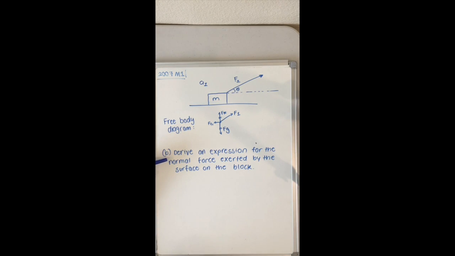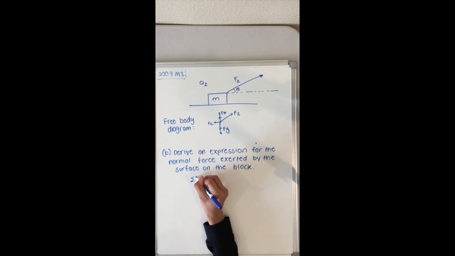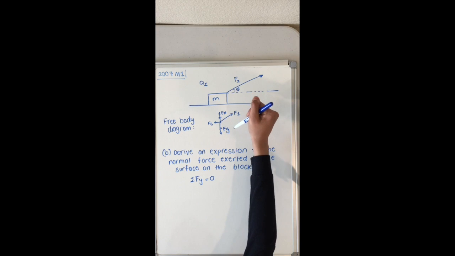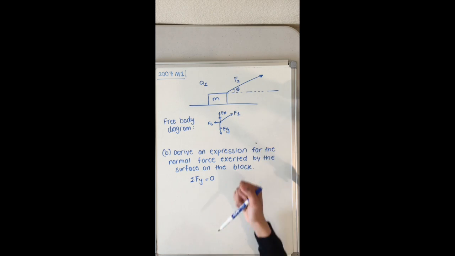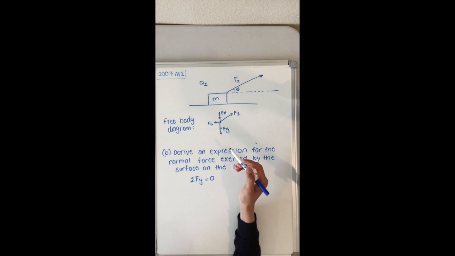So the question is, derive an expression for the normal force exerted by the surface on the block. So the normal force is Fn pointed upward right there. Okay, so we can start off by saying that the net force in the y direction is equal to 0, since the block is not accelerating upward or downward. Next we can say that upward can be positive and downward can be negative. So we can write a force equation.